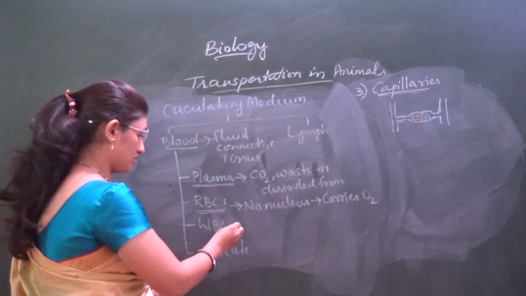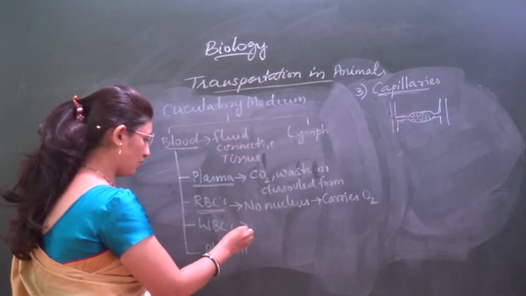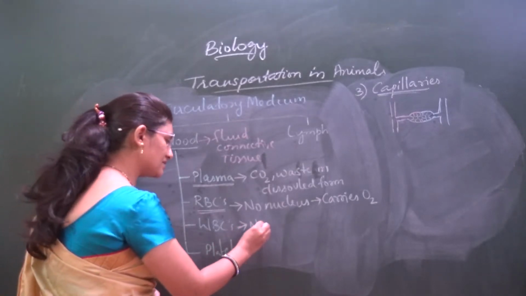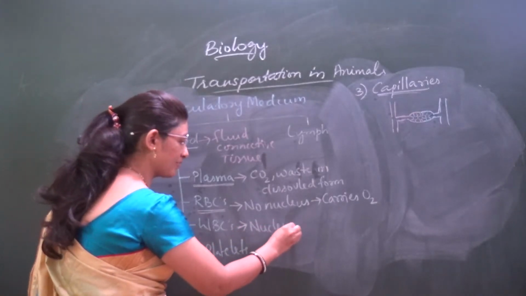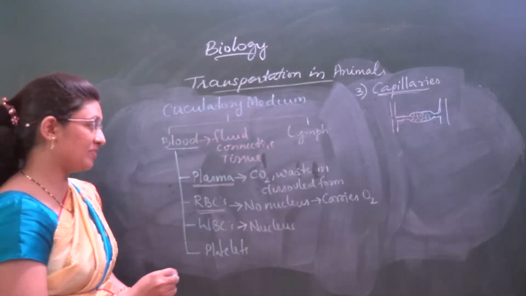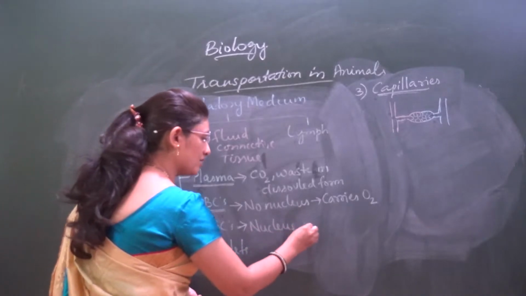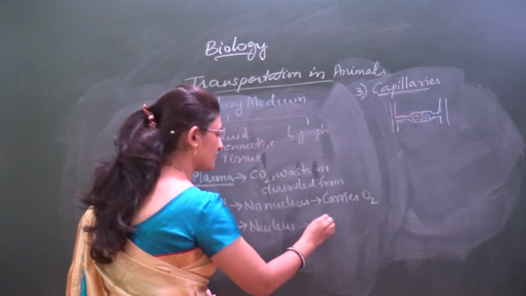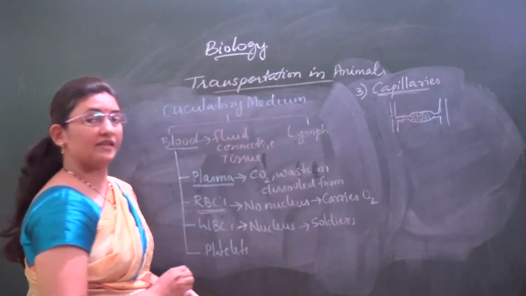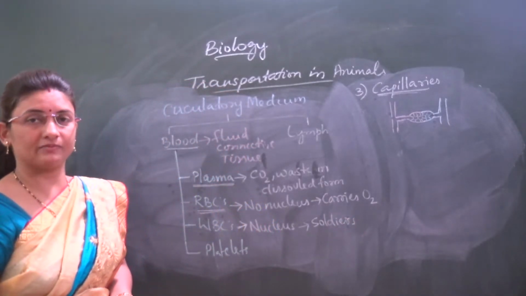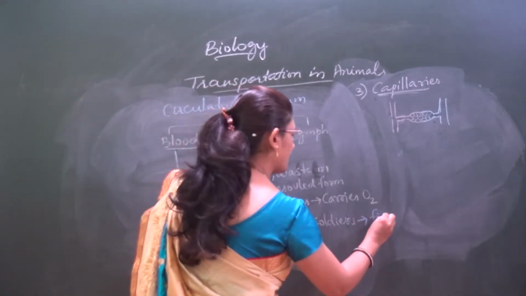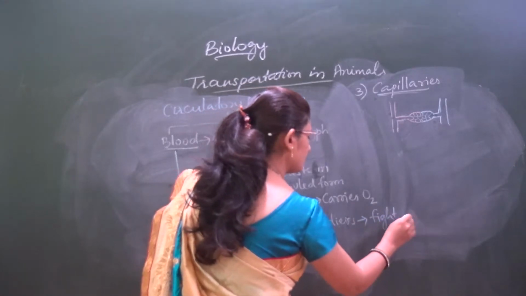Now, moving on to the white blood cells. White blood cells consist of the nucleus. Right? The white blood cells consist of the nucleus, and they are called the soldiers of the body. Why are they called the soldiers of the body? Because they help to fight against the infection.